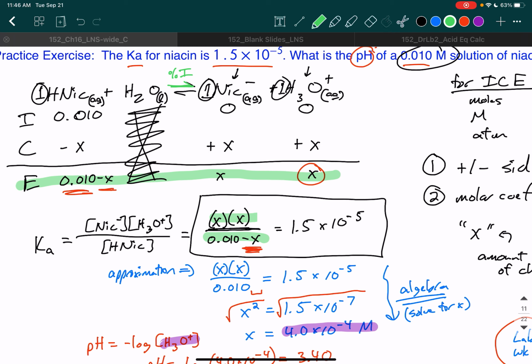So the key point here, and I'll just write it out: if percent ionization is low, then X is very small.